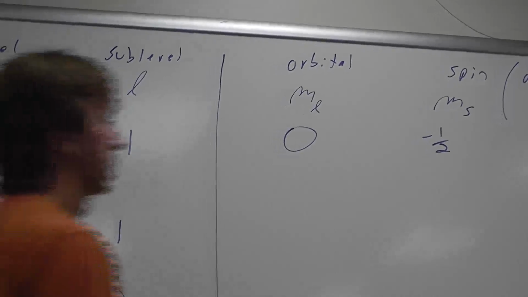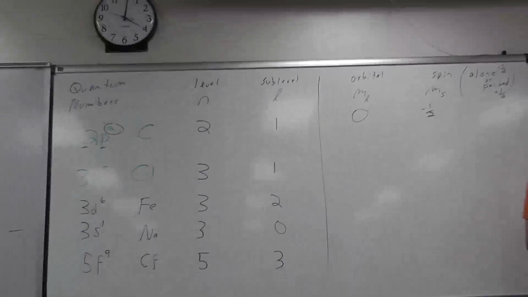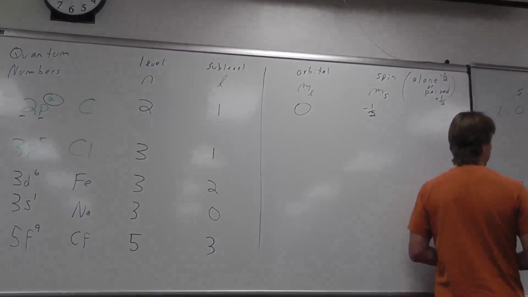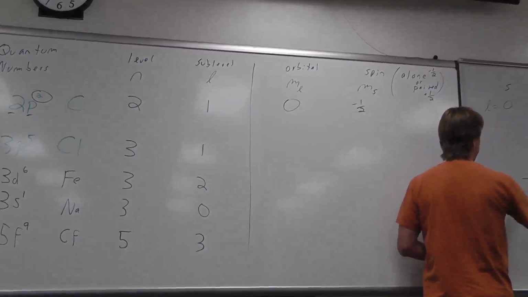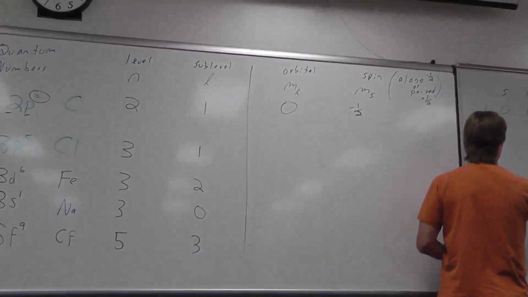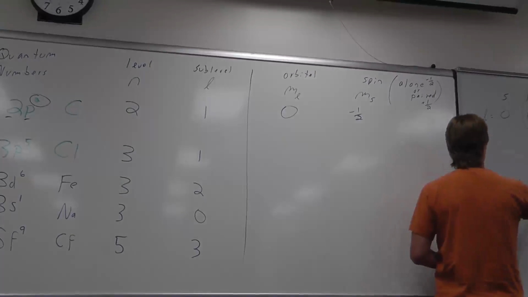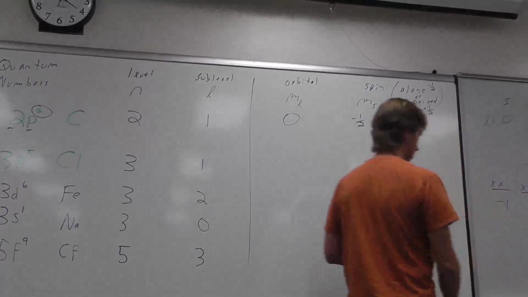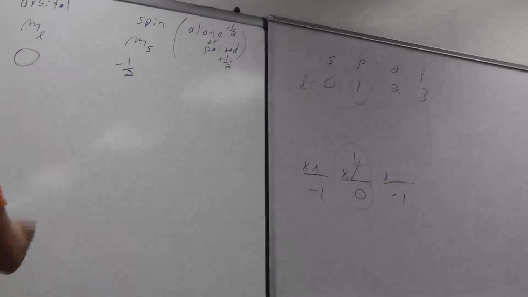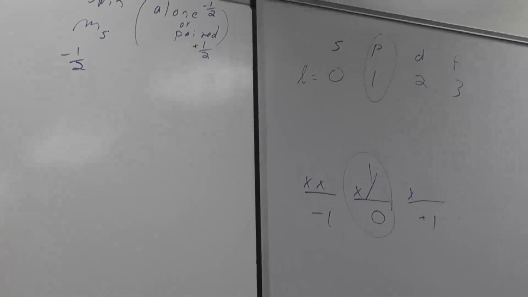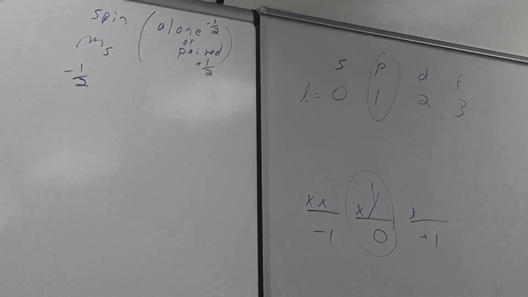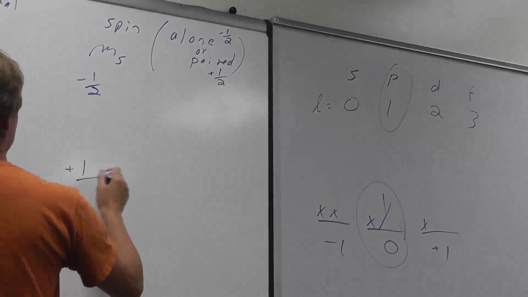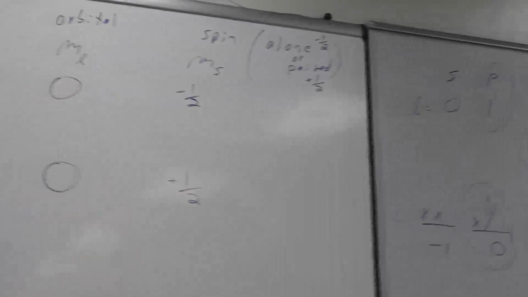Chlorine, we're dealing with 3p5. Here's the P sublevel. 5 electrons to place in that sublevel. Here's 1, here's 2, here's 3, here's 4, here's 5. Which orbital is that? 0. Is it by itself or sharing space? Sharing space, so positive 1/2.